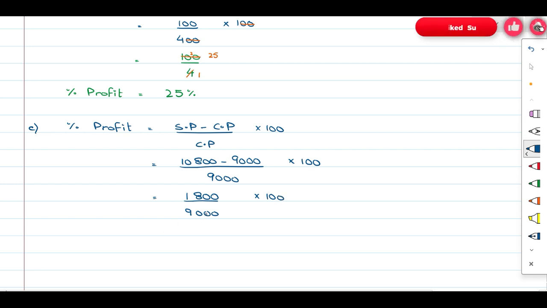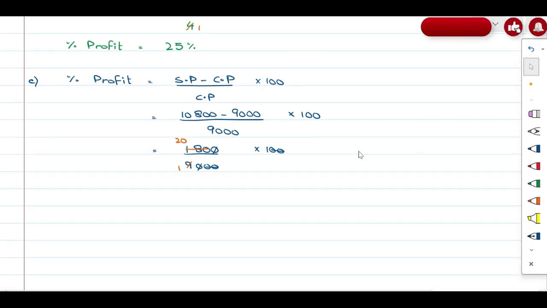Okay, these two zeros go with these two zeros, 10 with 10, right? 9 times 2 is 18, so it's 20%. So here we have the percentage profit for part C is just 20%.